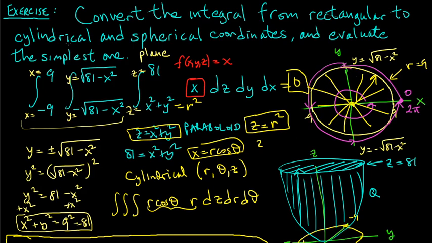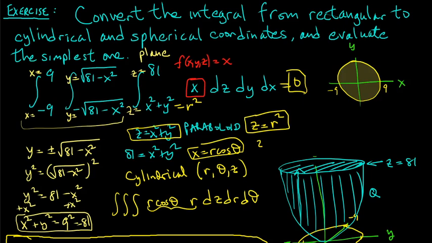Now I messed up the disk already, so let me see if I can clear that. Okay, so going back to the beginning here, again, the disk here is just x squared plus y squared less than or equal to 81 for the disk. So, right, we're integrating x. So if you're integrating x from negative 9 to 0, this is where it's going to be negative.